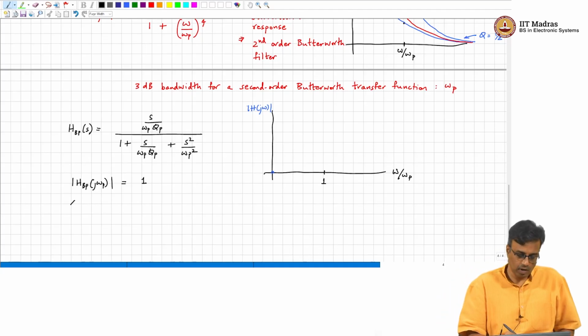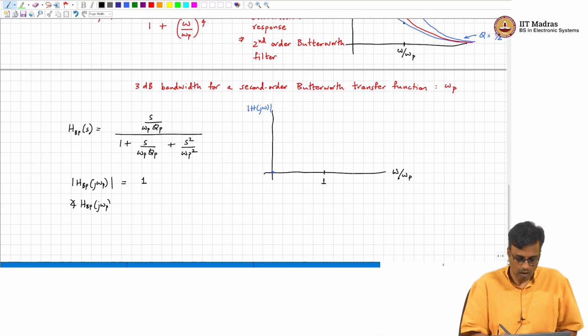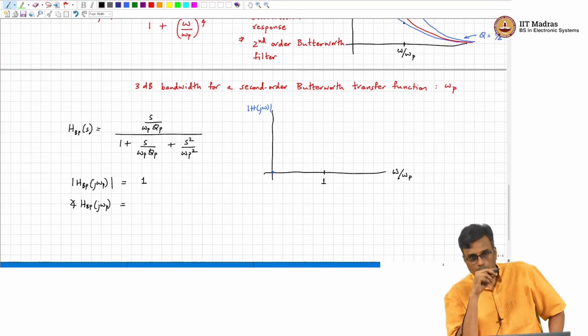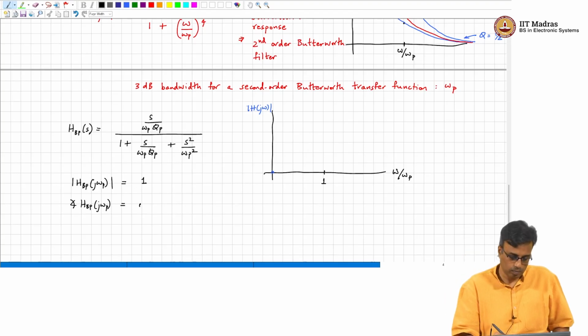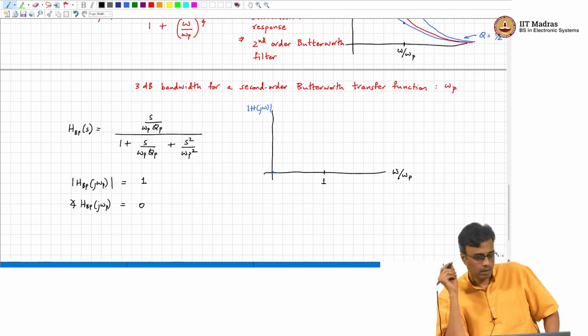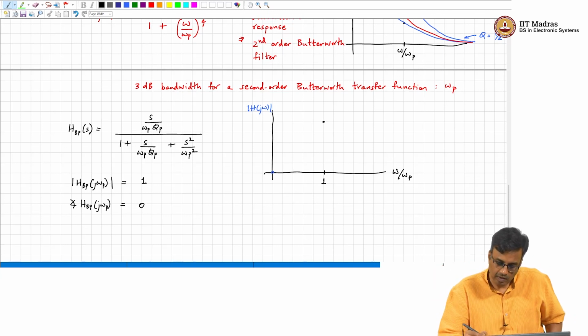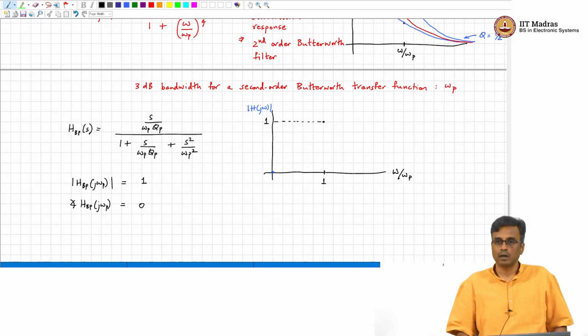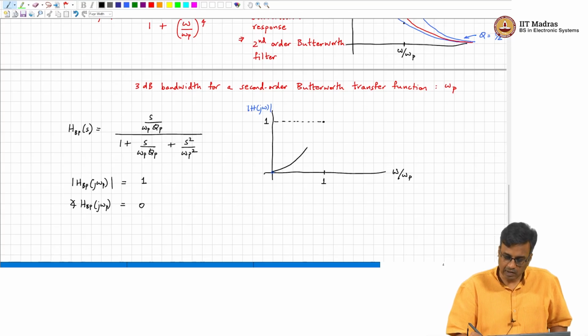What about the angle? It is 0. So basically you can see that the gain of the band pass filter is 1, and you will have a response which kind of does something like this.